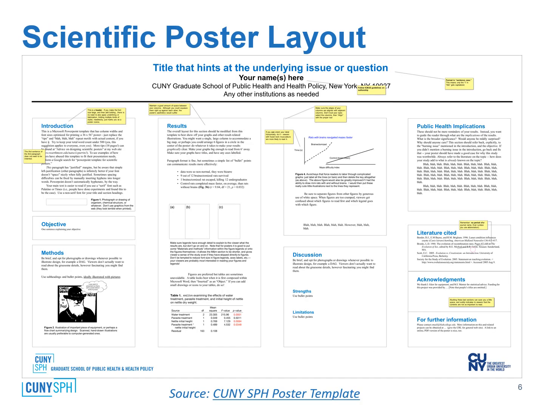This is a model poster layout from CUNY. The structure is very similar across all public health disciplines. At the top, you have your title, which should reflect the underlying issue or policy question. Then your institutional affiliation, which helps establish credibility.